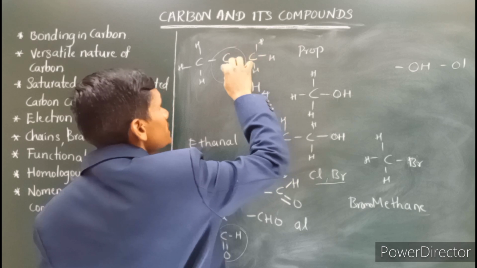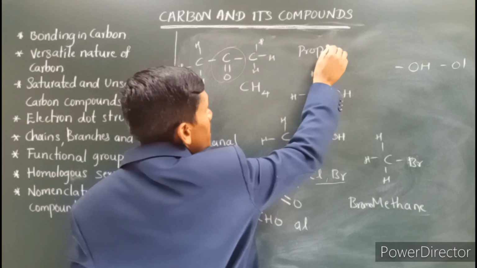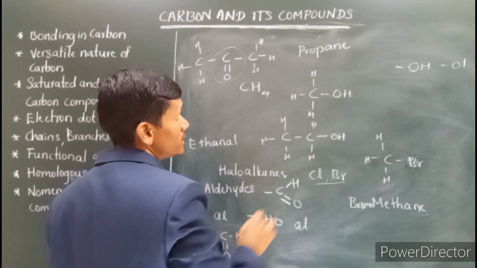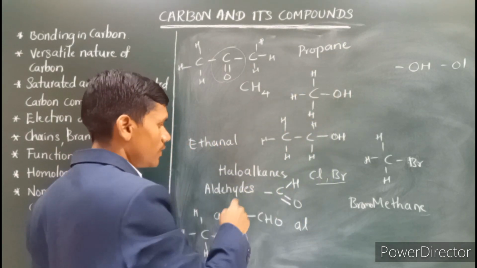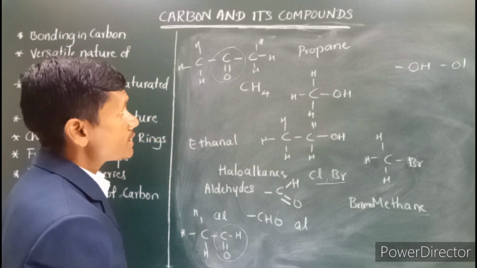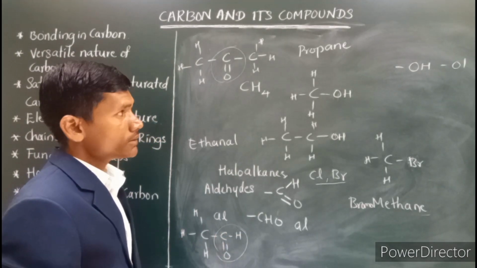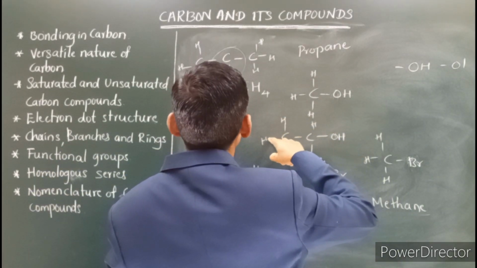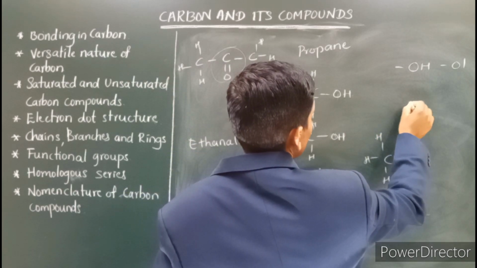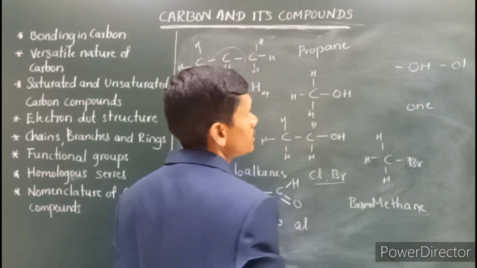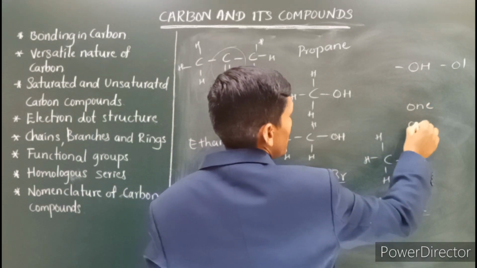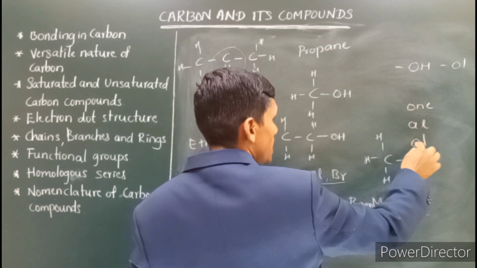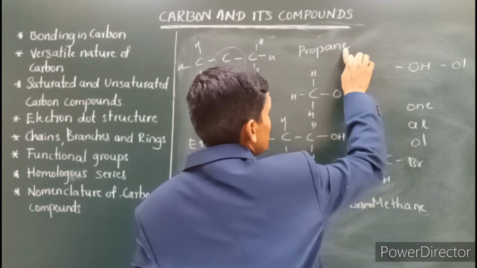In that propane, since this ketone group is there, here, if any of these functional groups start with vowels, for example, ketone, one, and aldehyde, al, alcohol, ol, these suffixes, if they start with vowels, then this e you have to replace.